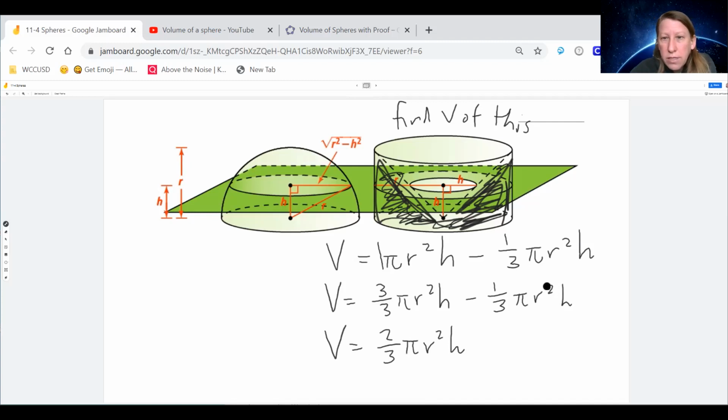All of this part matches, so we can combine these like terms. All right, so that's it. The volume of this situation is equal to the volume of the hemisphere. Now we know the volume of the hemisphere.